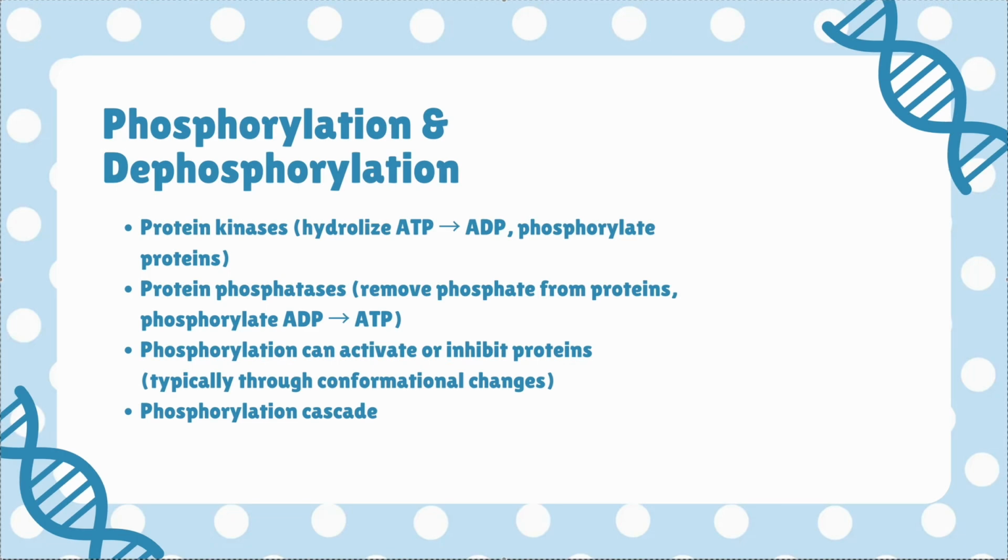So these two counteract the activities of each other. And then phosphorylation can activate or inhibit proteins. Usually this is done through conformational changes, which is like a shape change in the protein. So when a phosphate group is added to a protein, it can change its shape, and in turn, it can boost or inhibit the activity of that protein.